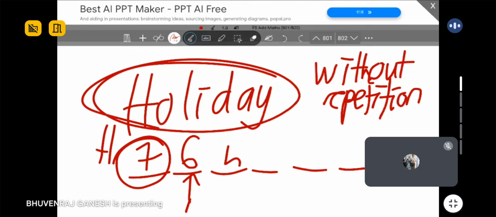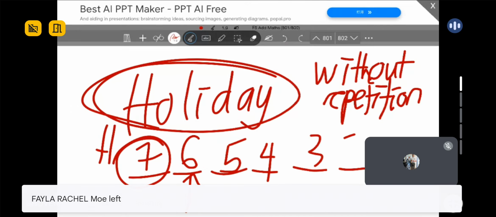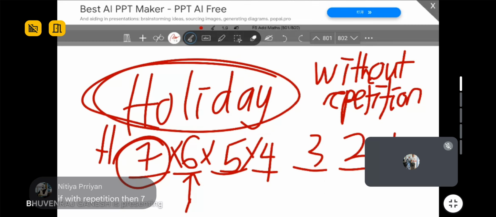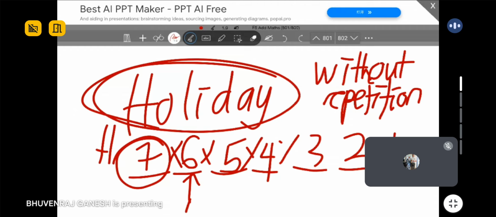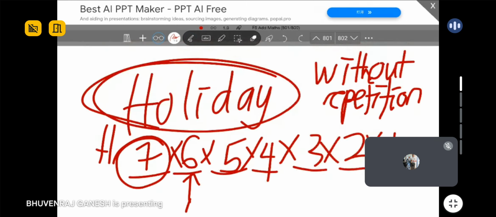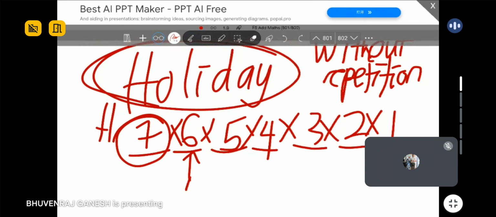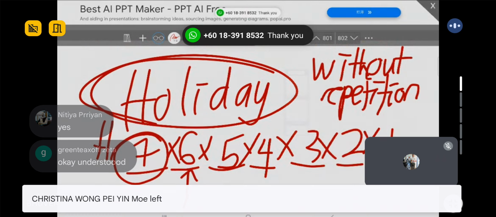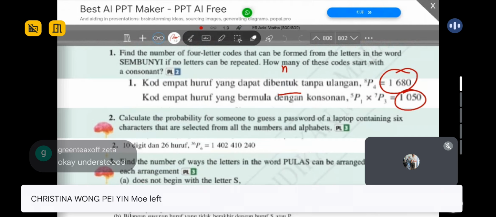So 7, 6, 5, 4, 3, 2, 1, then you multiply everything. Yes, very good. If it's with repetition, then you just multiply by 7 each time. That is the difference. For those who asked, can you all understand now? So this is without repetition. Okay, good. We come back here.